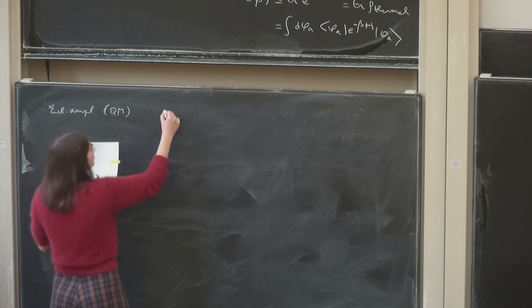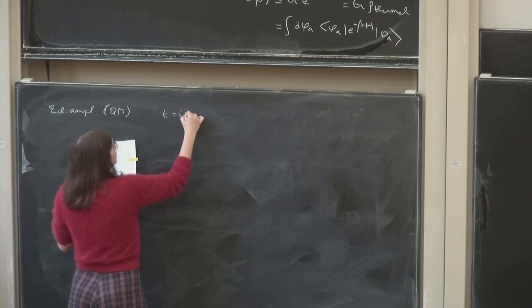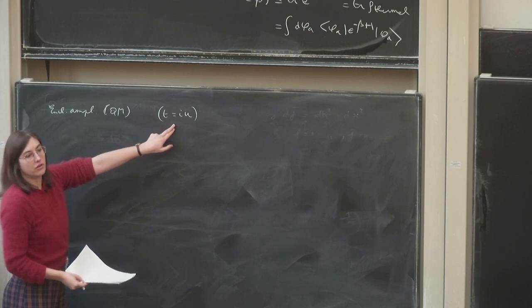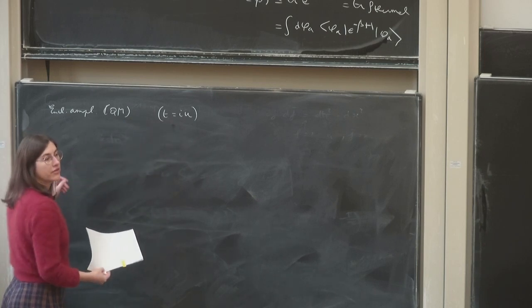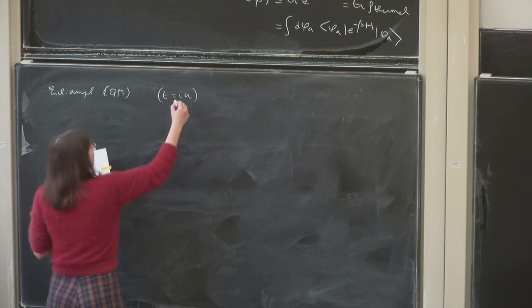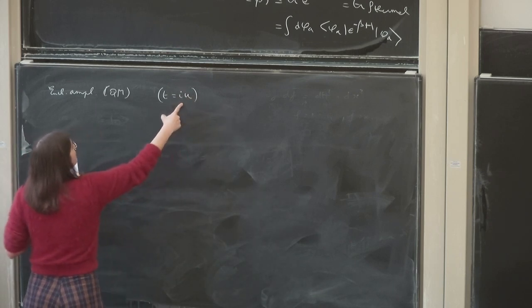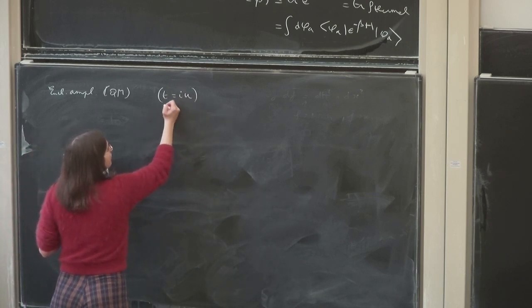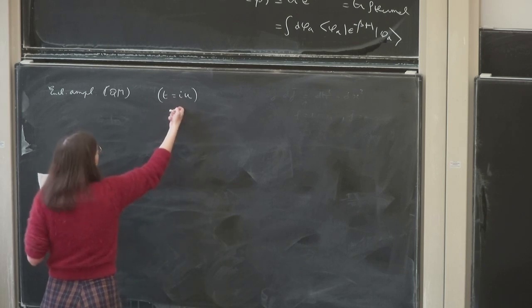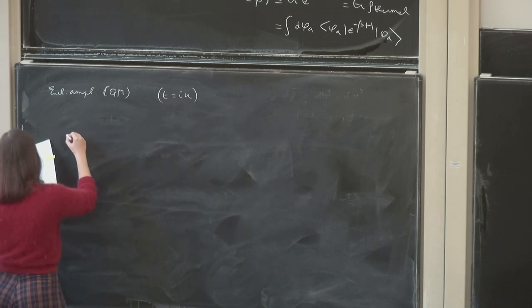And I'm going to use this analytic continuation of my time to define the Euclidean amplitude, okay? So this means that in the notation of the first lecture, I'm taking theta equal to minus pi over 2, okay?